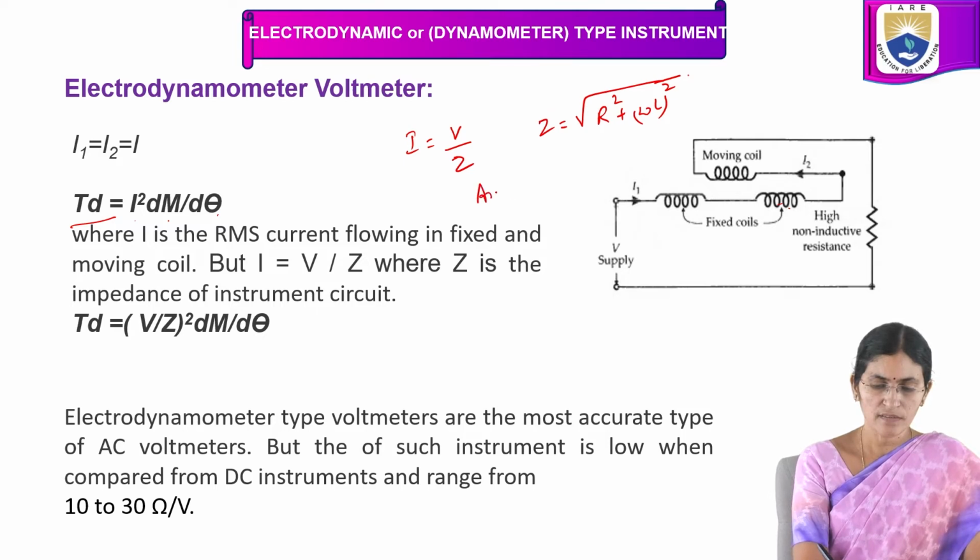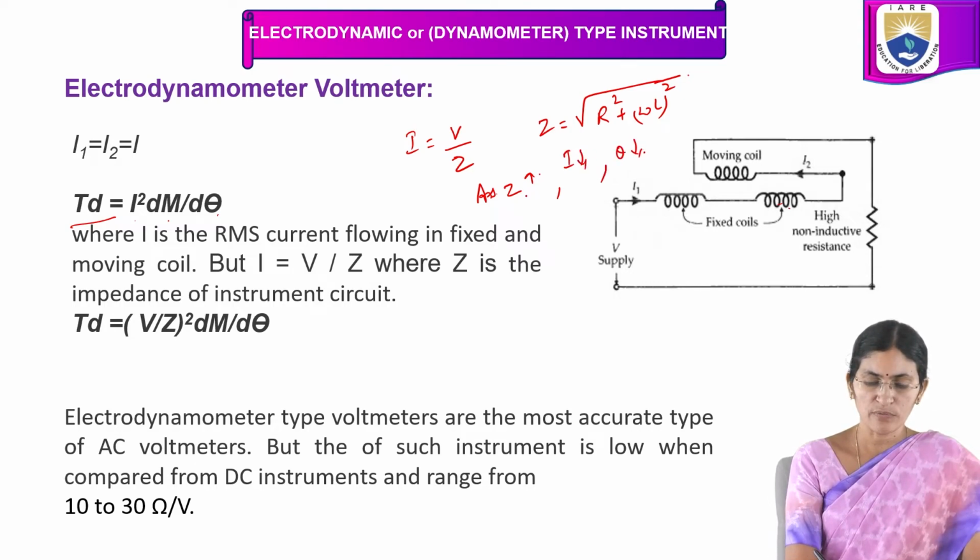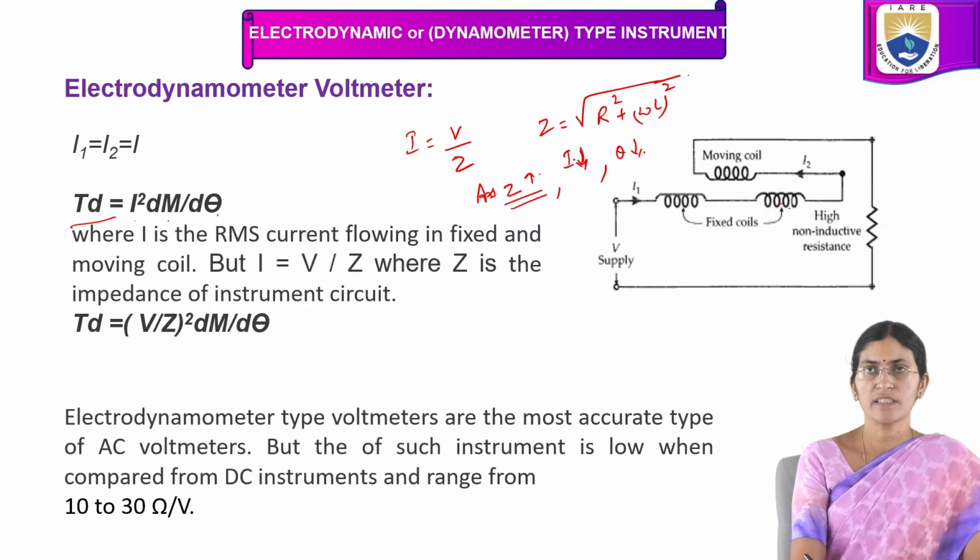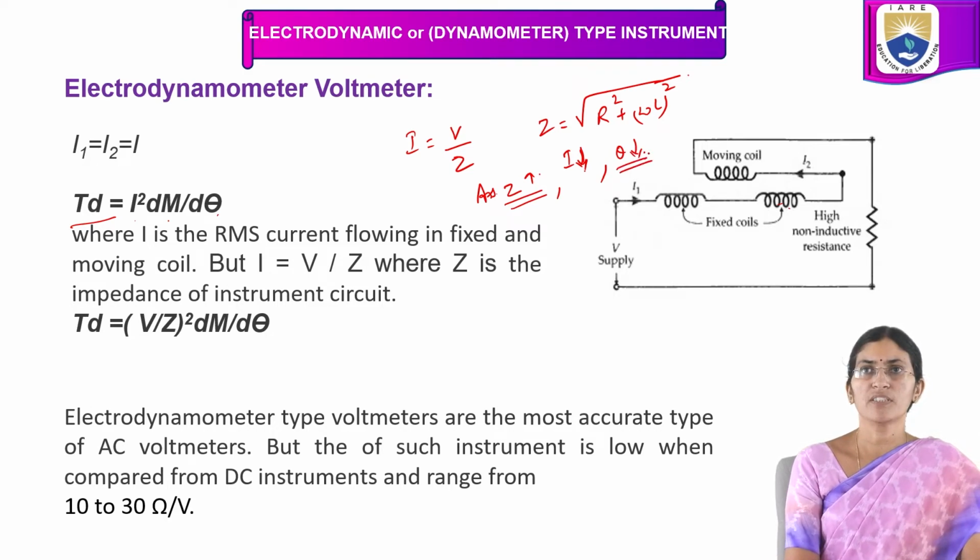As the impedance value increases, I will decrease, so correspondingly theta also will decrease. So I is decreasing, theta is decreasing. That means deflection is decreasing.